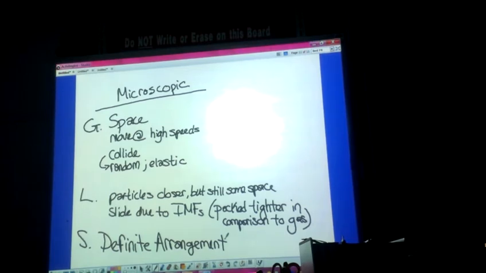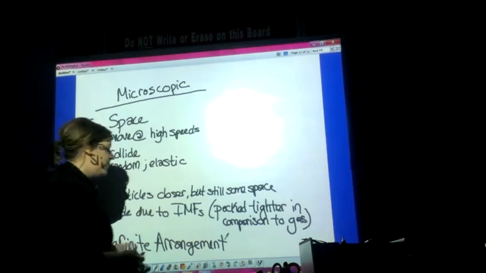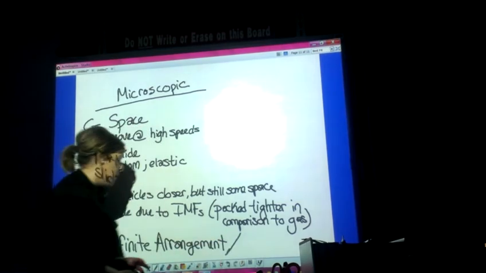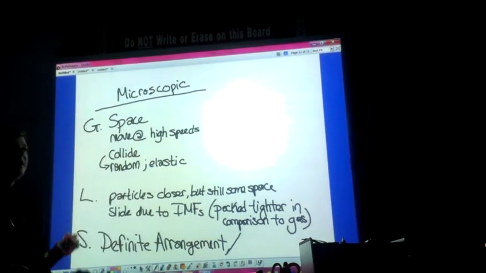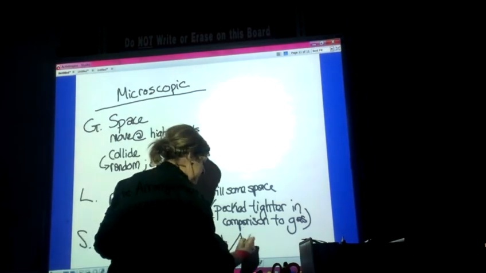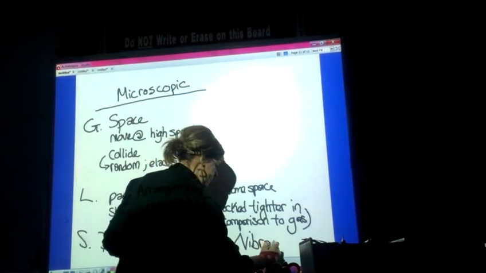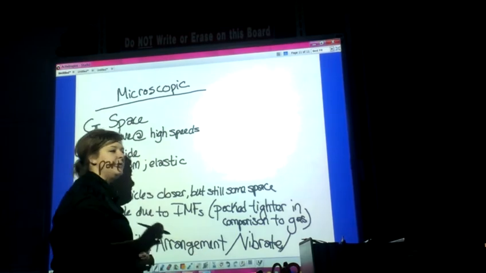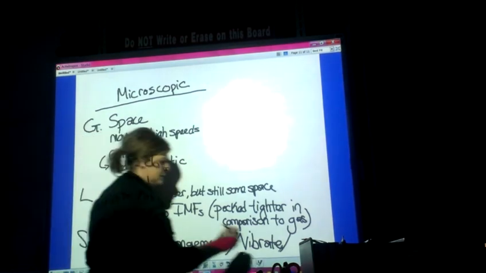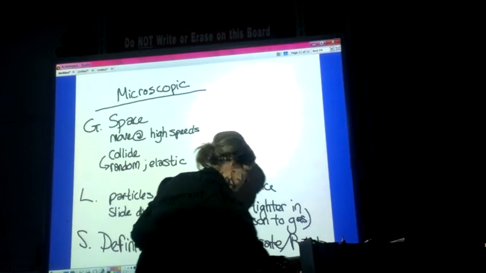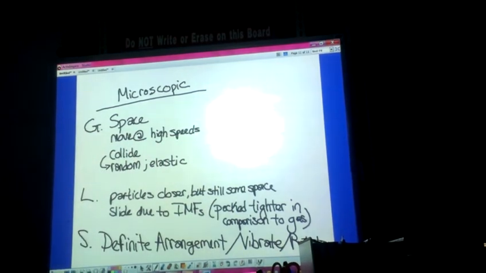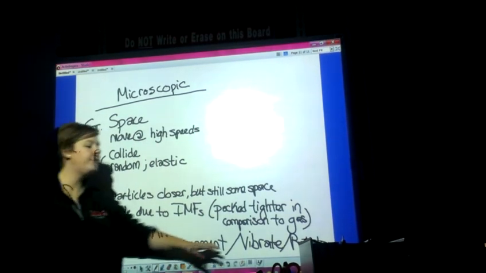The molecules still move. There's still some type of movement. There has to be. We're not at absolute zero. So we have definite arrangement. And then let's also say that those atoms will vibrate. And then we also will say that they have the ability to rotate. So vibration and rotation can happen for these solids.